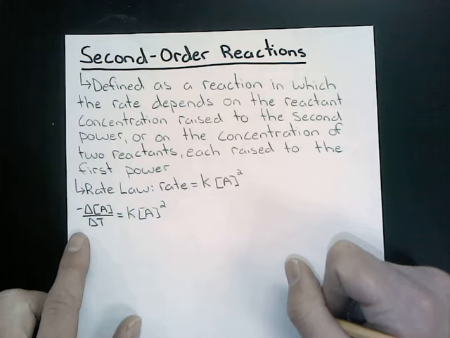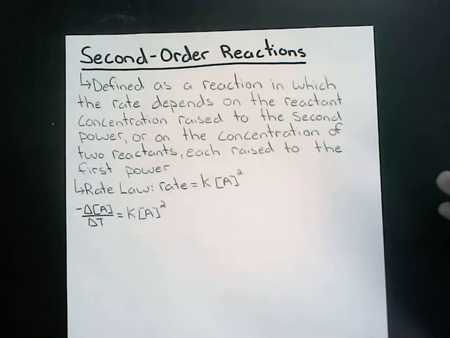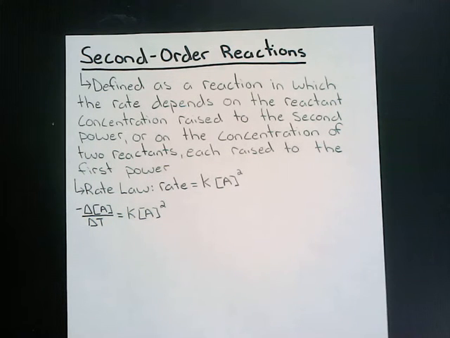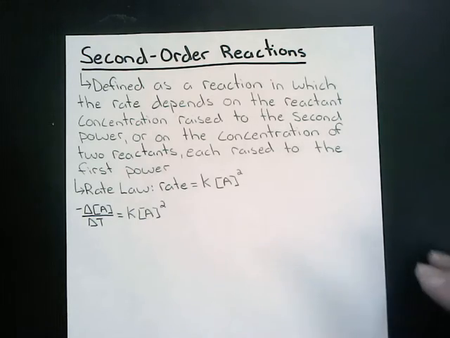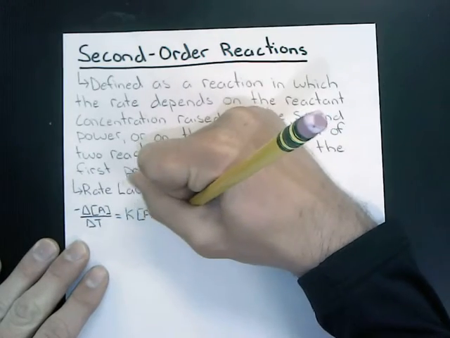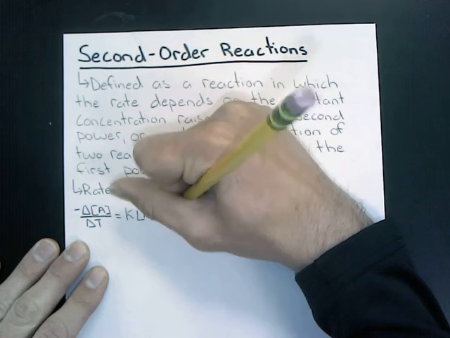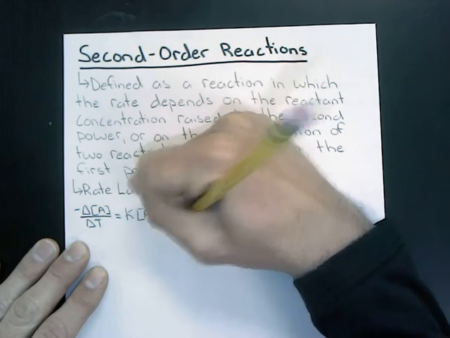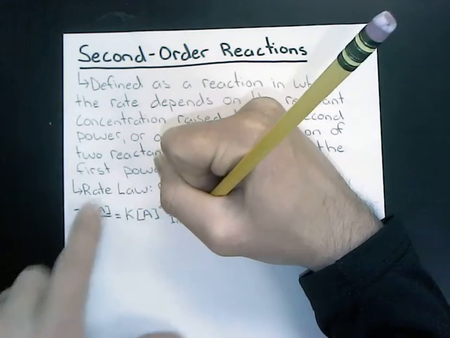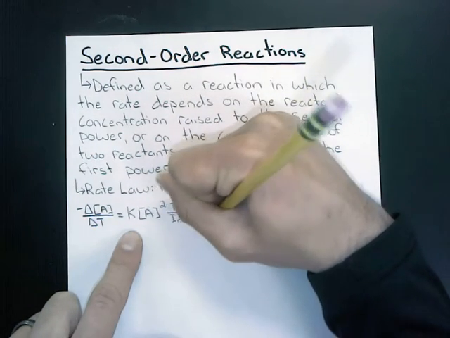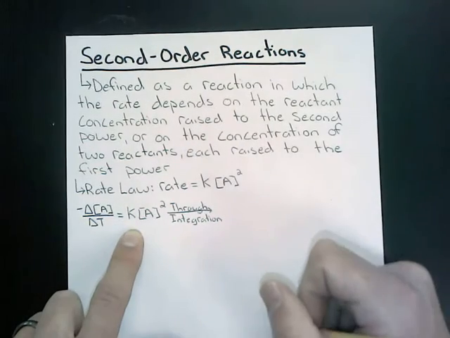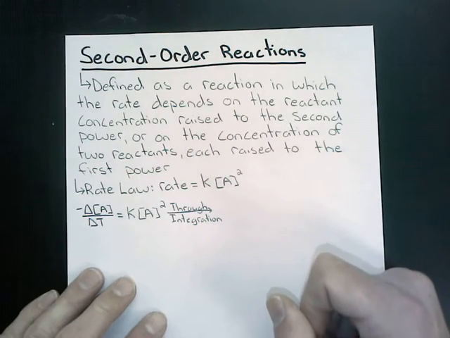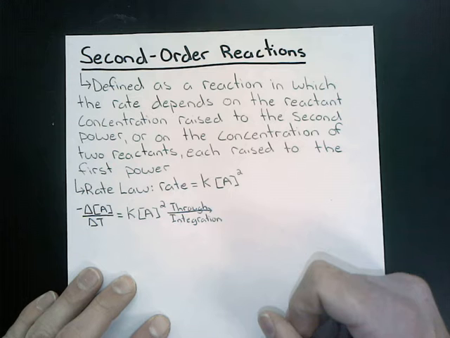And what we can do, again, through this process called integration, which I'm not too concerned for you to be able to know that. I want you to be able to apply the chemistry side of things on the back end here. But through this process we call integration, we can manipulate the formula here, and we can obtain this value.